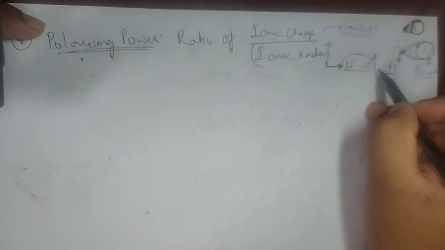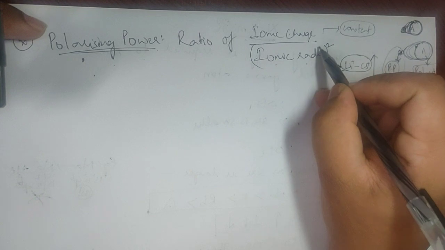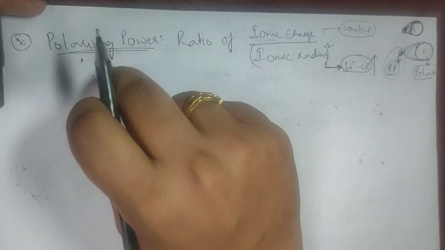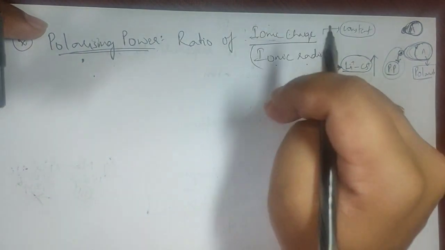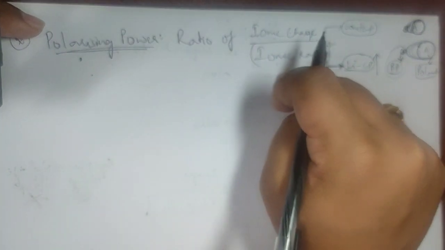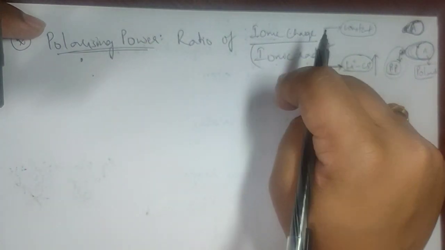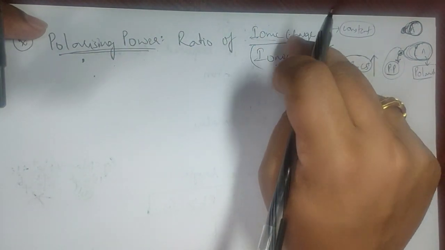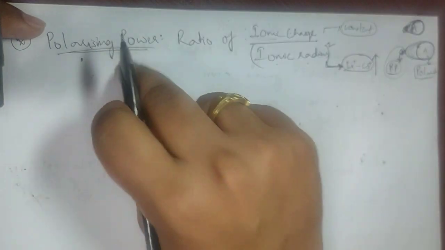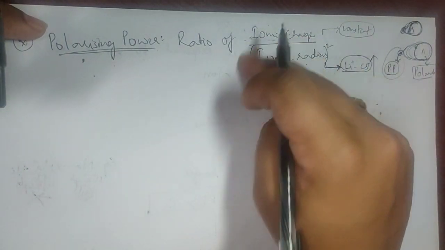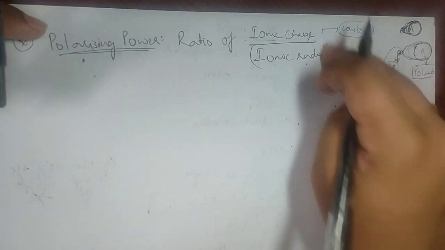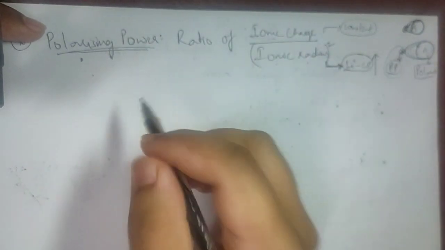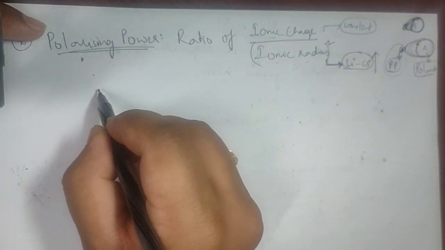If the denominator factor is increasing, and it is squared, so a still larger increment, what happens to the polarizing power? It is inversely proportional to the ionic radius and directly proportional to the ionic charge. So as this value increases a lot, the polarizing power decreases, correct?